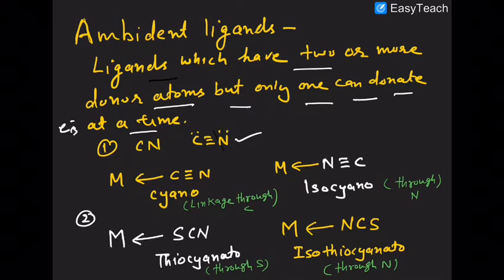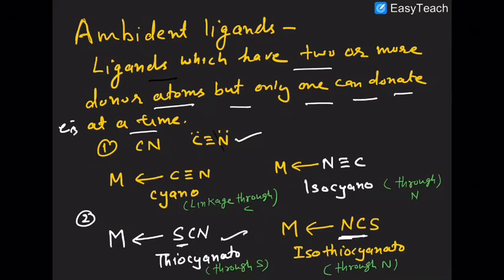Similarly, you have the SCN group, that is called thiocyanato. If the linkage occurs through sulfur, it is called thiocyanato.